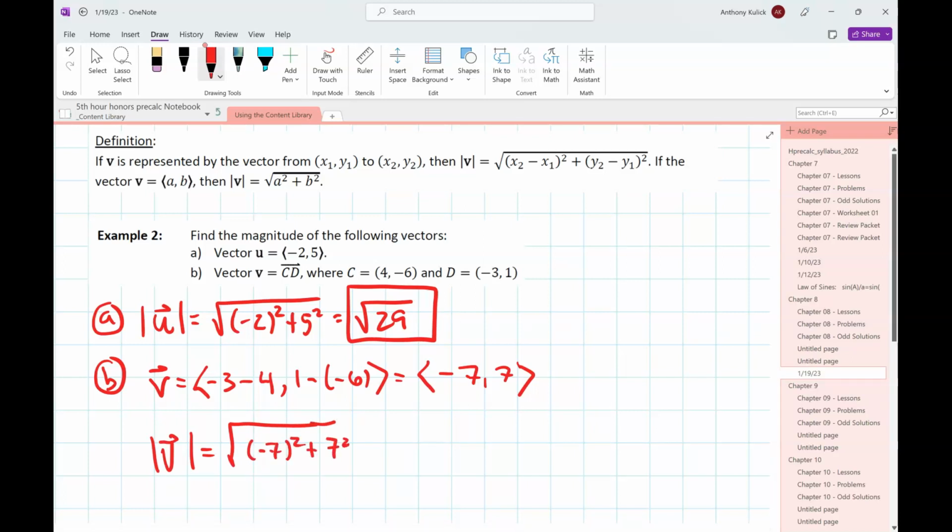So that's usually what I do there. No, the square root of 98 is not a perfect square, but we can simplify that one. We couldn't simplify the square root of 29 because that's a prime number. How can I simplify the square root of 98? Just a quick review.